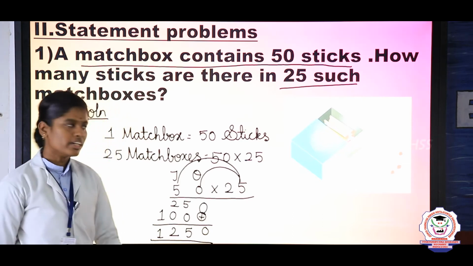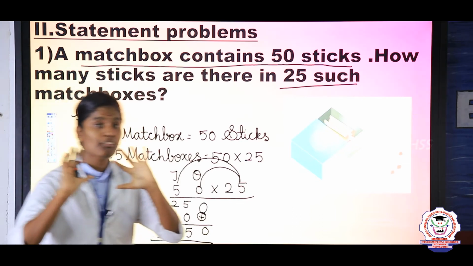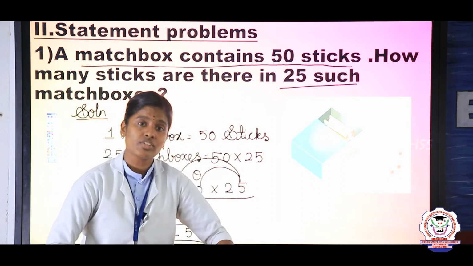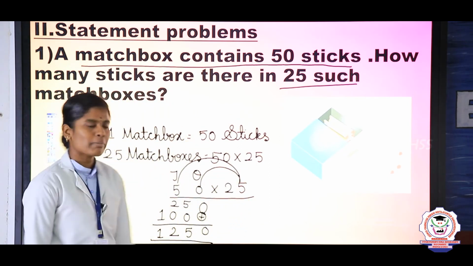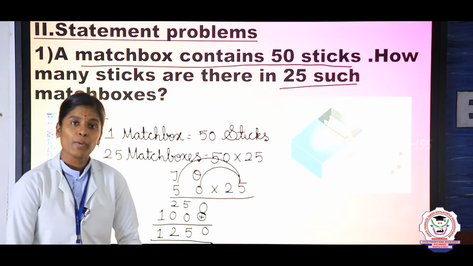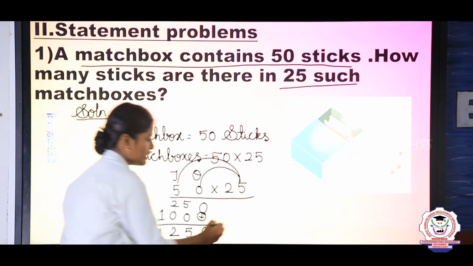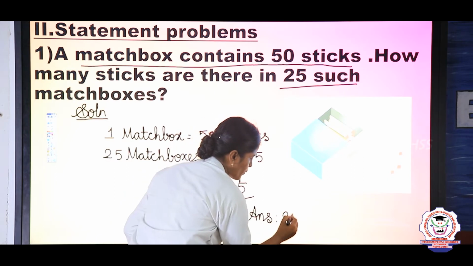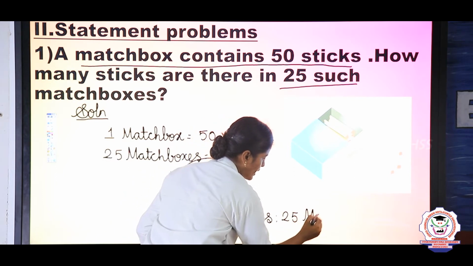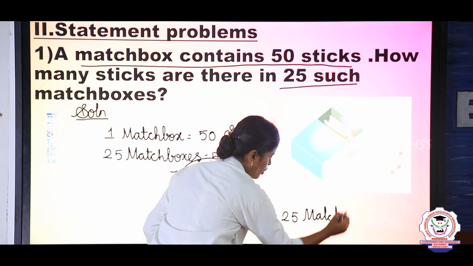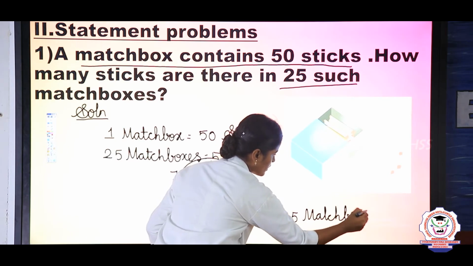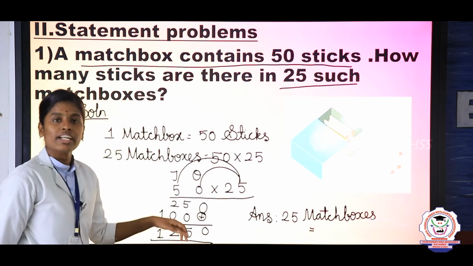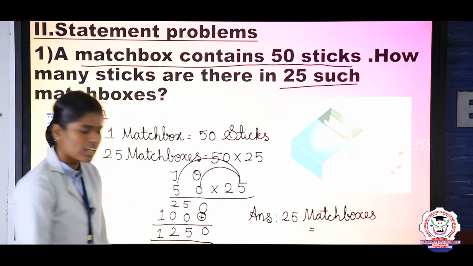Listen my children, in one matchbox we have 50 sticks. They ask the question, find the 25 matchboxes. So write the answer. 25 matchboxes equal to, totally we have 1250 sticks.